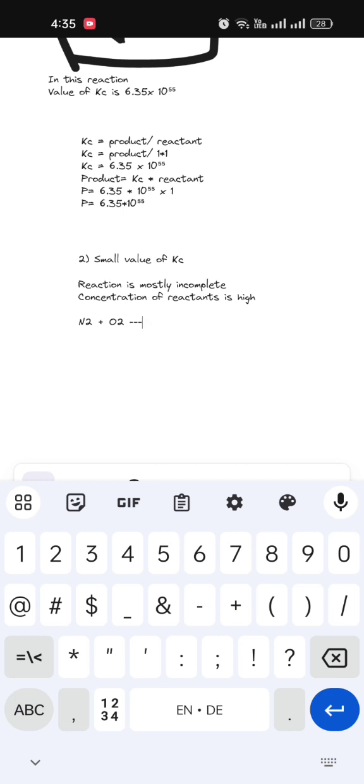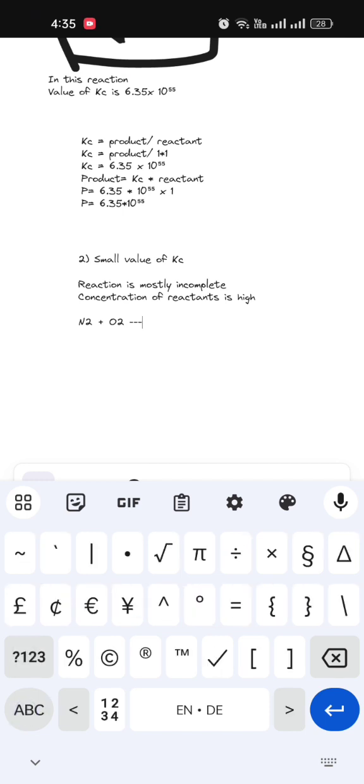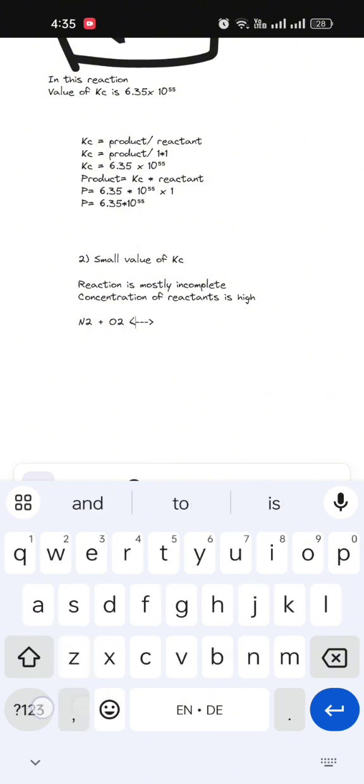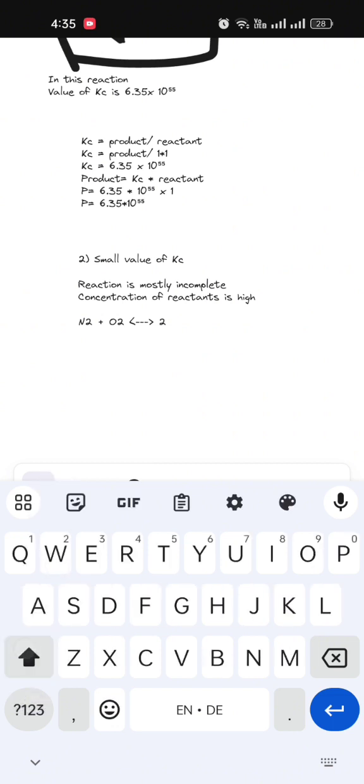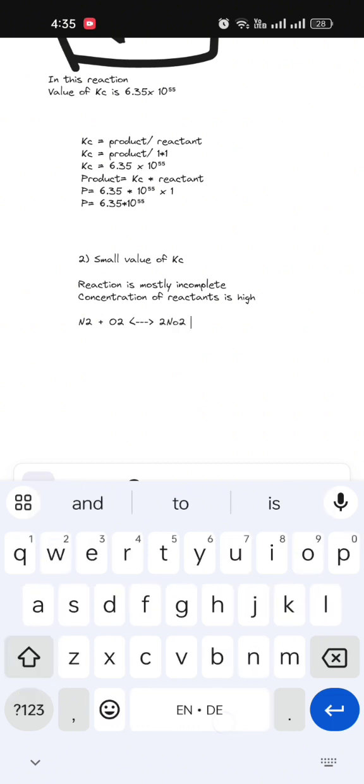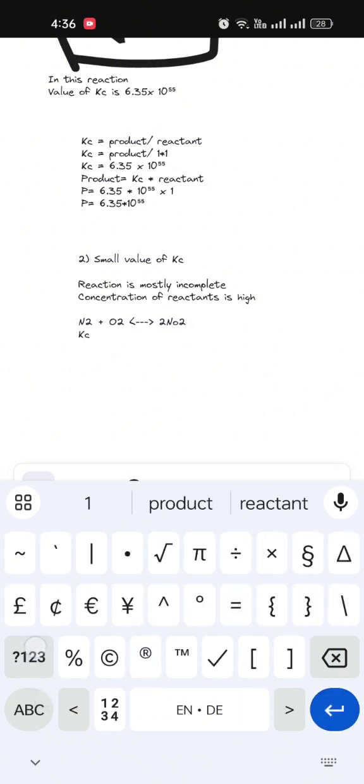This is a reversible reaction, and I'm making the single arrow with 2 marks. So this is a reversible reaction and the product we got is 2NO2. So this is the reaction: nitrogen plus oxygen, and the product we got is 2NO2, nitrogen oxide.